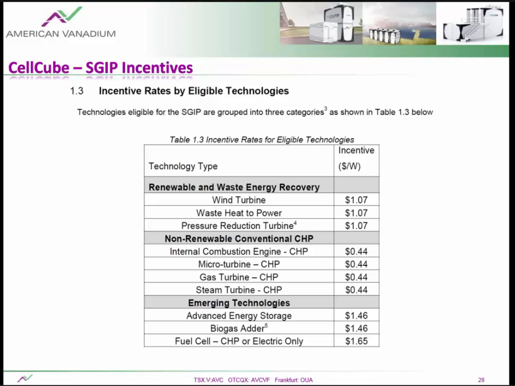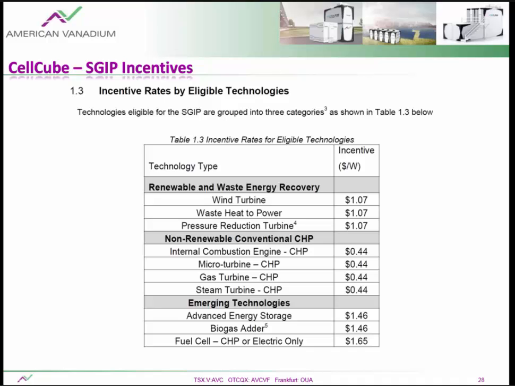The requirement in California is a minimum of 2 hours of energy storage, since the goal of the program is peak load reduction. So $1.46 per watt is $1.46 million per megawatt. It's a substantial amount of cash incentive that can help make a project go, and it can pay for about 1/3 of the storage costs from the California state incentives.